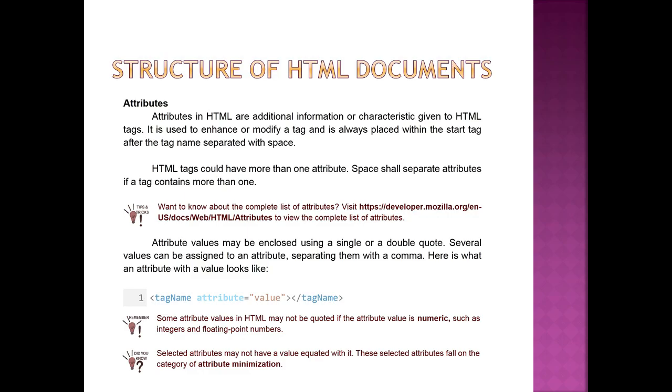We can put more than one attribute in an HTML tag, either a paired tag or an empty tag. And always remember, we insert attributes in the start tag of a paired tag.